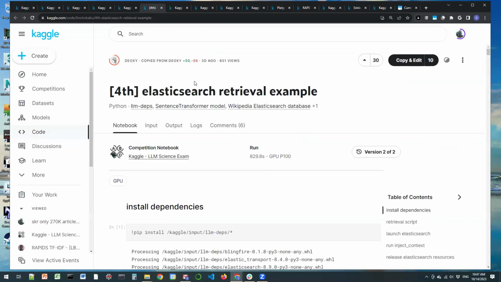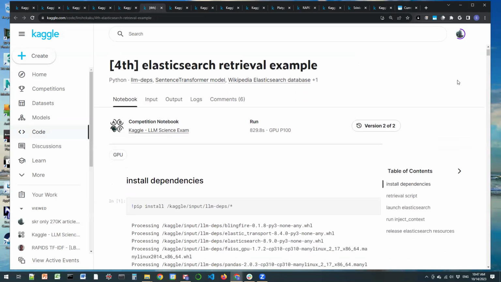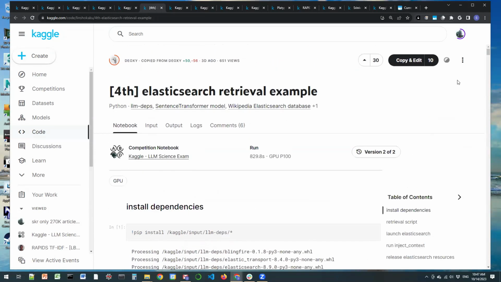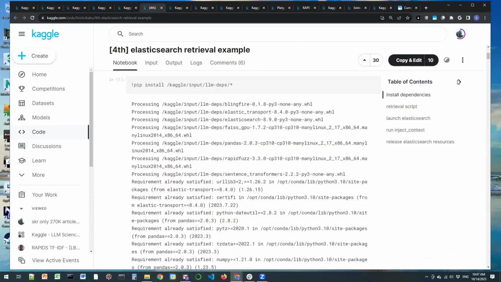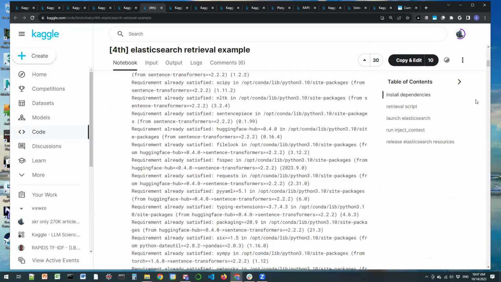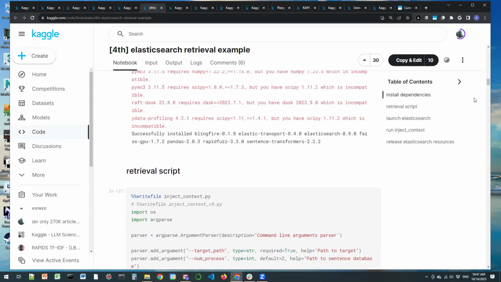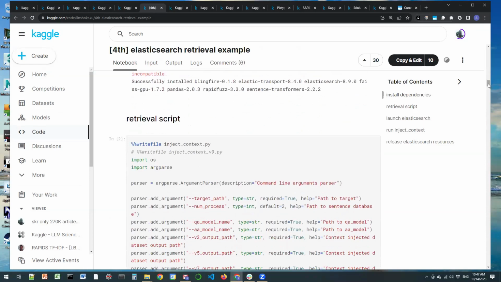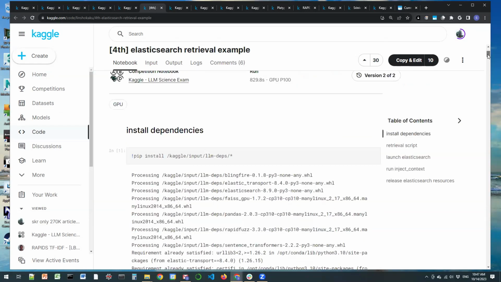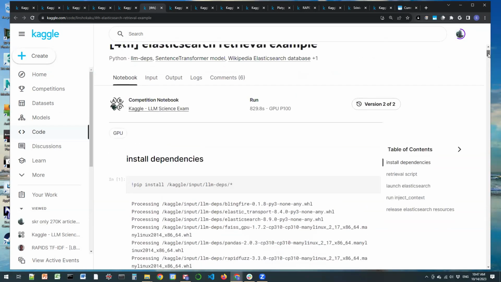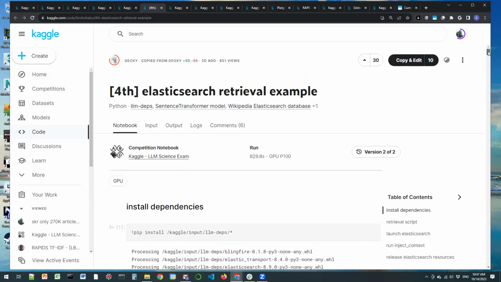Elasticsearch and the reranker, things to chase down or learn more about: the reranker and Elasticsearch, or better retrieval, tuning the retrieval models. This is the reference, the Elasticsearch retrieval example.